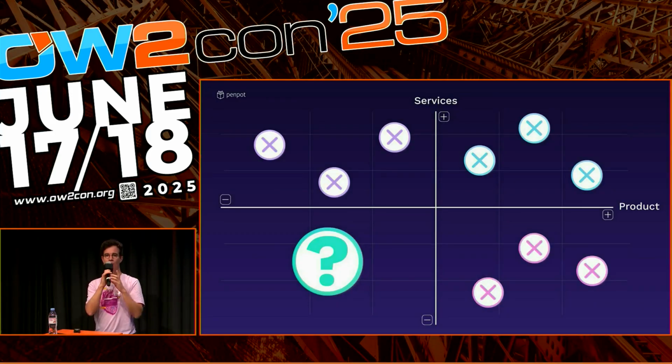So if we don't want to capture value from services, then the upper part gets forbidden. Then we don't want to capture value from products, so that also goes away. Then are we left with this big question mark on the zillion open source products that are there, capturing value neither from services nor product?